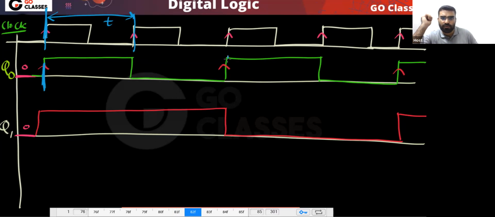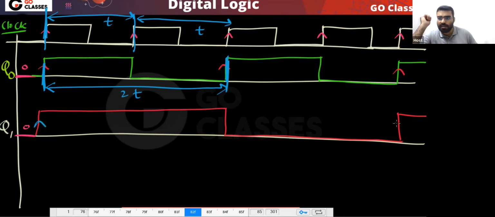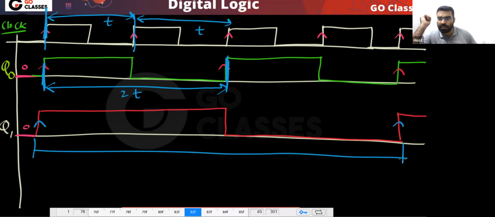In one time period of Q0, there are two time periods of clock. So I can say this will be 2T. Similarly, in one time period of Q1, there are four time periods of the clock.